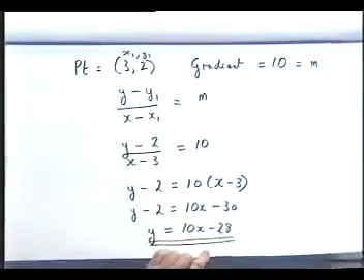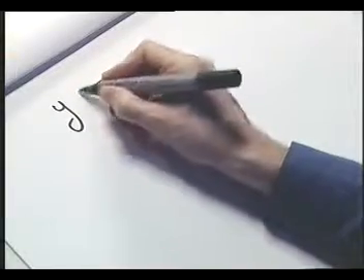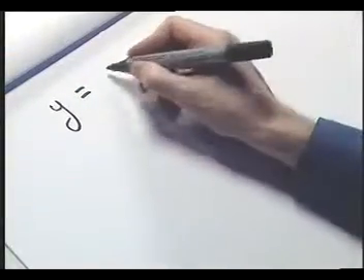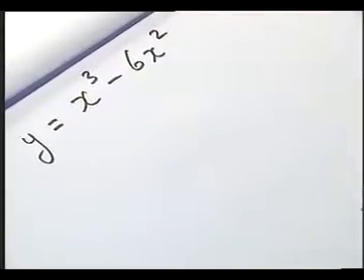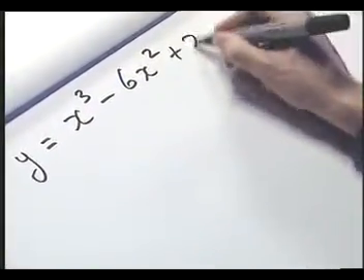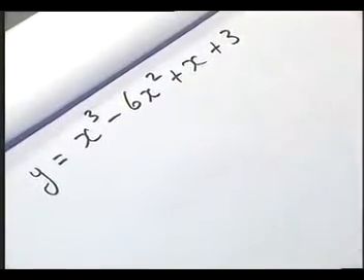Okay, let's take another example. This time, let's say that what we want to be able to do is looking at this curve, y equals x cubed minus 6x squared plus x plus 3.